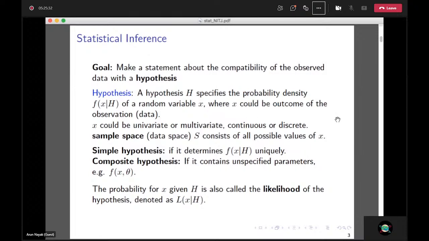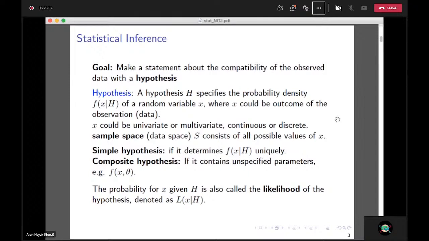So a hypothesis is something you probably already know. It is basically a hypothesis H which specifies some probability density f of x given H for a set of random variables x, where x could be the outcome of some observation or data.